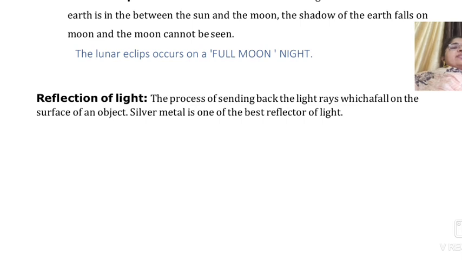In this process we see the reflection of light, and that is why we can see anything. So remember students, silver metal is one of the best reflectors of light.